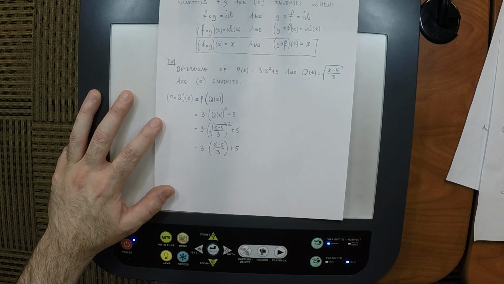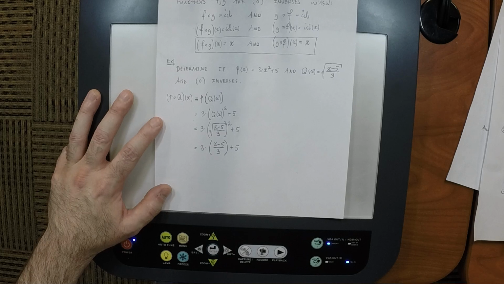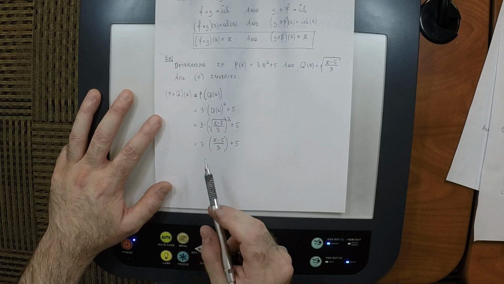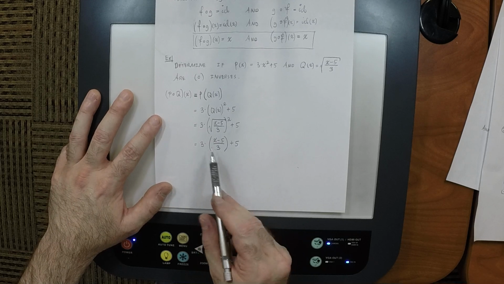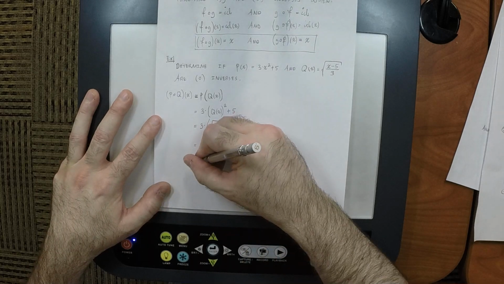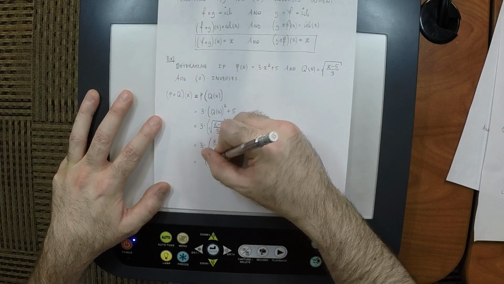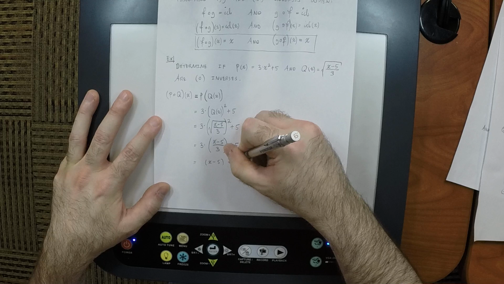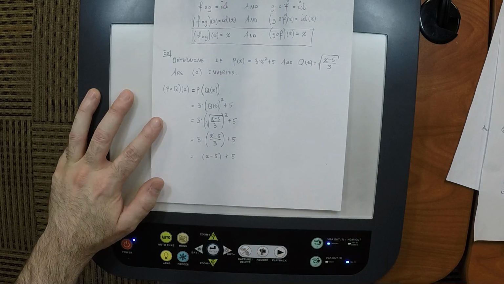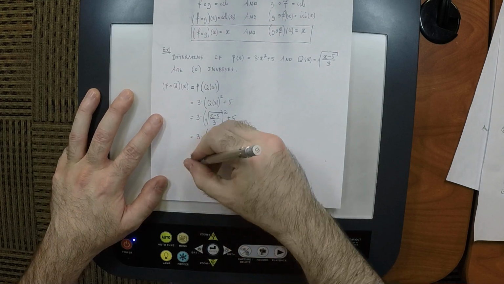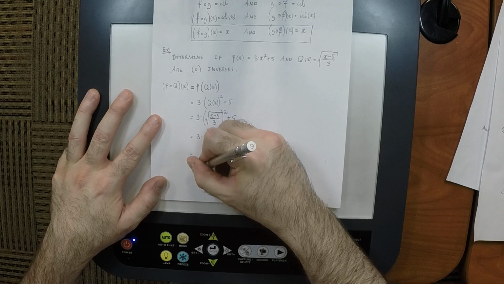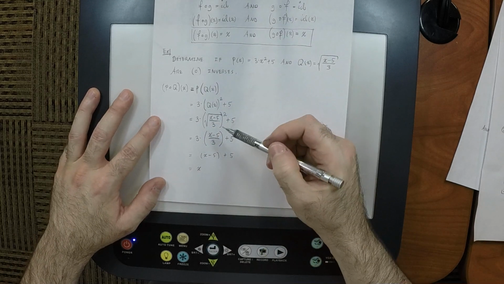Now will anything cancel? The 3's will cancel, right? This multiply by 3 and divide by 3, those cancel. And so then we have x minus 5 and then add 5. Now the 5's cancel. All right. So we get x.